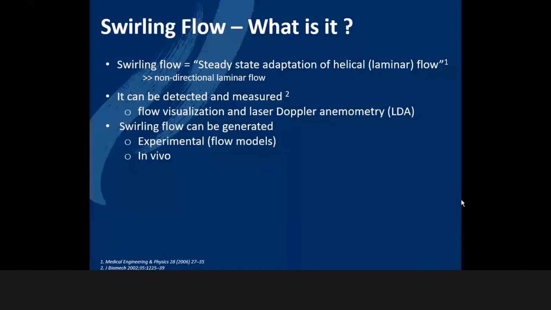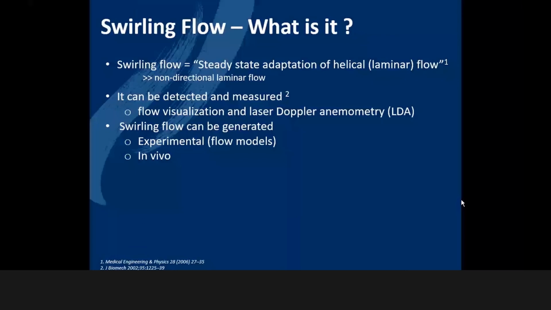To keep it easy, you should just know that the definition of swirling flow is a non-directional laminar flow, a steady state adaptation of helical flow. It can be detected and measured. We will see this in the next talk, flow visualization, with MRI flow analysis and pretty images.